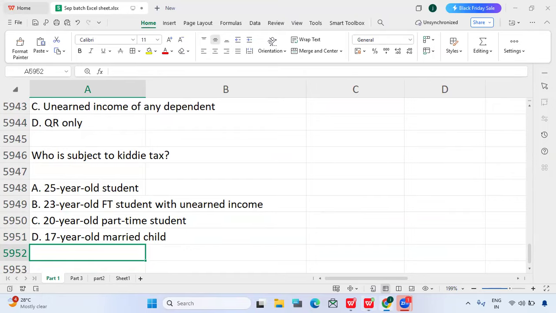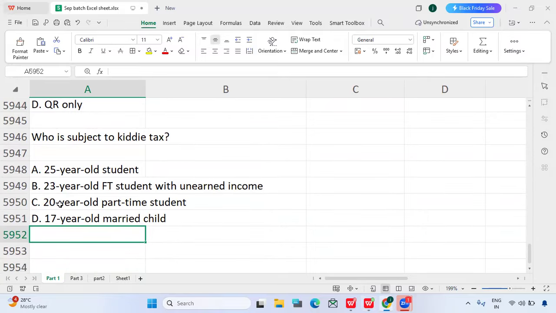Option B. Kiddie tax will come only on unearned income, right? Yes, unearned income. So option B only. Correct.